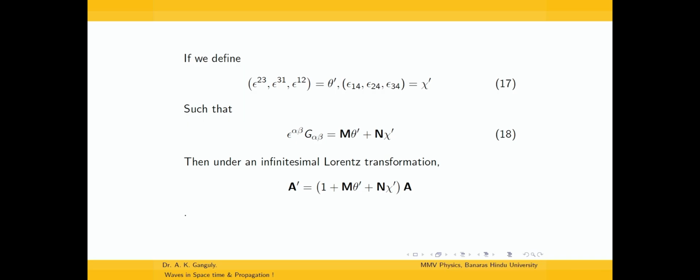One sector is from rotation and the other sector is boost. So, what we have is capital M into theta prime into A plus capital N into chi prime into A. The same thing I think is displayed here right before us on the screen.